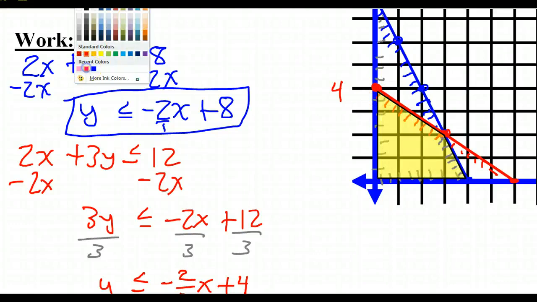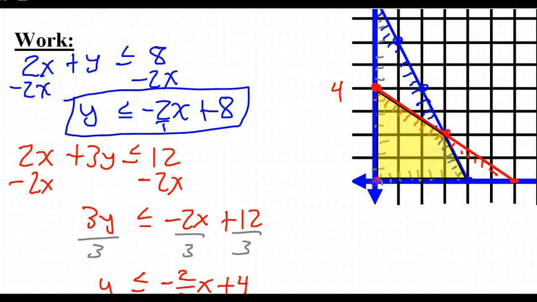Now we need those vertices, which are here, here, here, and here. So that is 0, 0, 0, 4, 3, 2, and 4, 0.